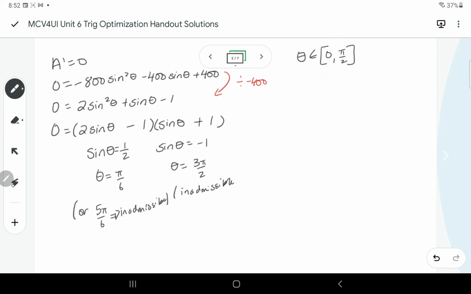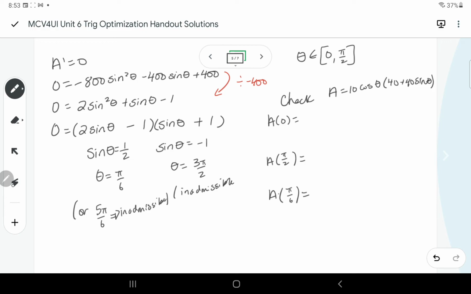So I'm going to just check the area. So my area at 0, the area at pi over 2, and the area at pi over 6. So I'm going to take that, sub it into the area function, probably this simplified one, 10 cos theta times 40 plus 40 sine theta.